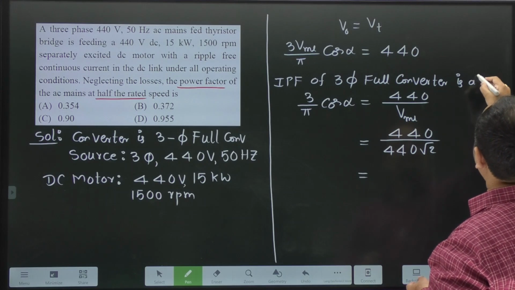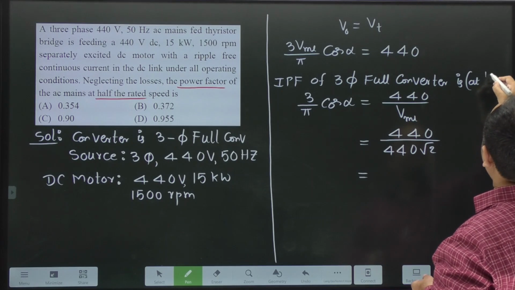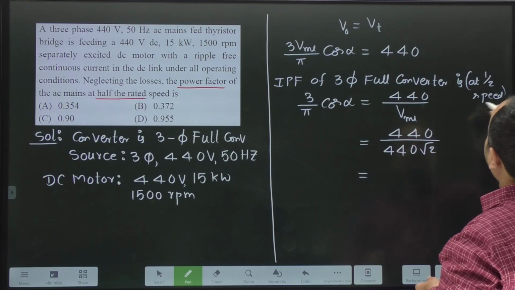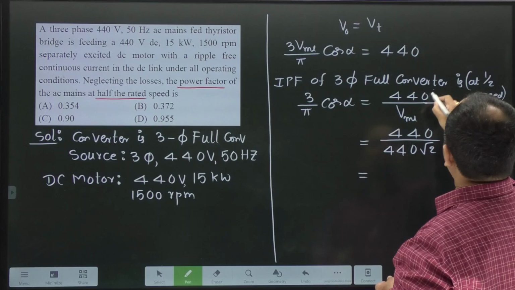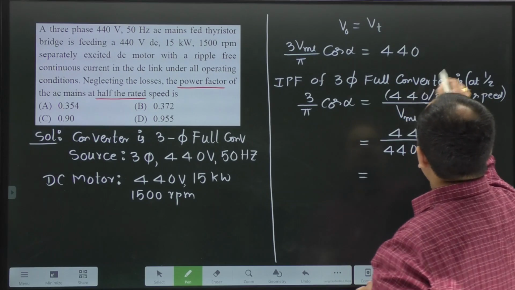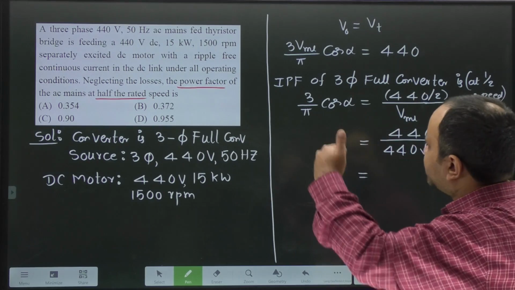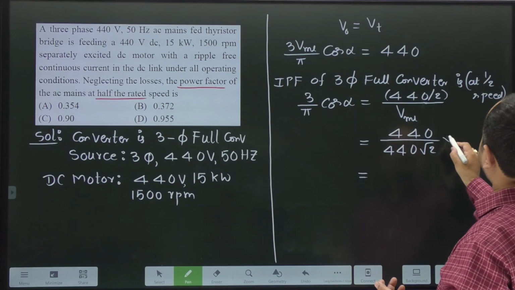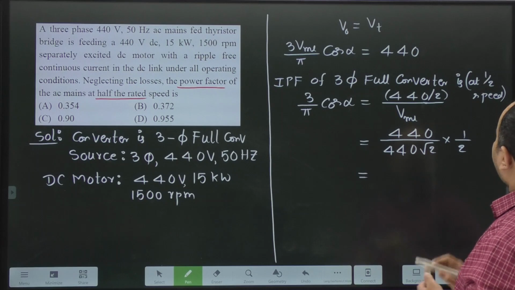At half rated speed, you should take the terminal voltage as half, because when the speed is reduced by half, the terminal voltage will also be half. So you have to multiply this with 1 by 2.